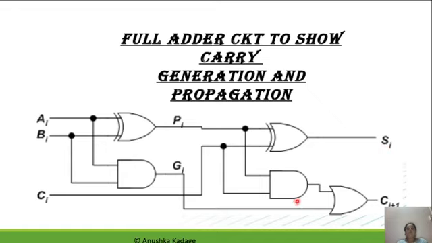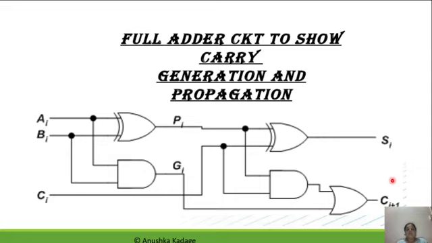While to generate the carry output for the next stage, it is going to take the carry propagation and the carry in for that stage, and those values will be ANDed. The ANDed result will again be ORed with the carry generation of the previous stage, and here the next stage carry will get generated.